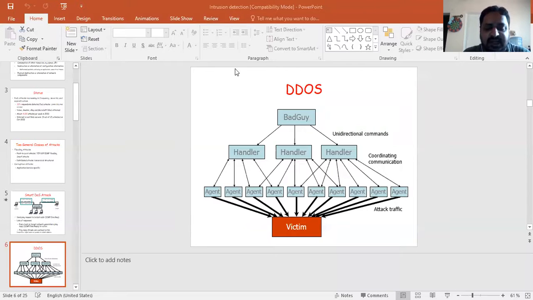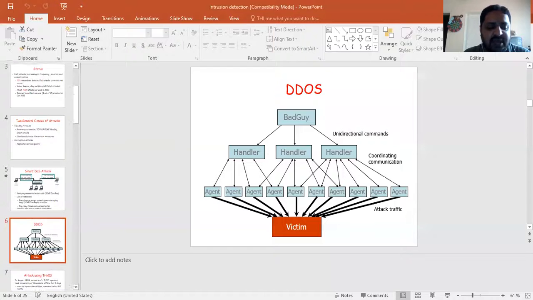Because the attack is launched from every system, and every system is attacking the victim, launching an attack on the other system. So that's why we say these are called distributed denial of service attacks.